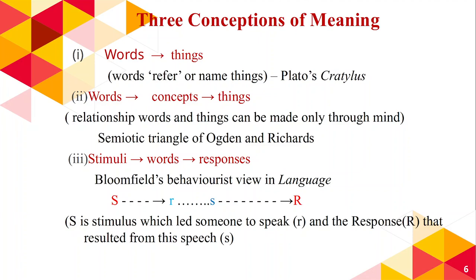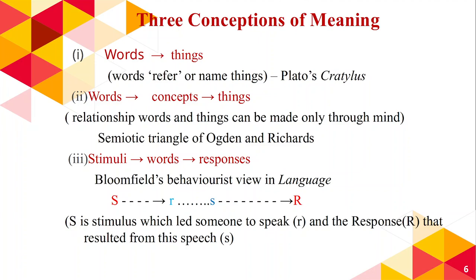This view suggests that words name or refer to things, and the examples he gives are the proper nouns like London, Bill Brown and Daddy to illustrate the conception.